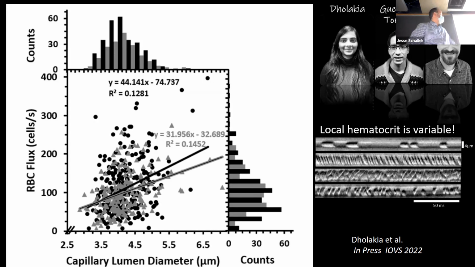Why is this relationship so poor? One of the things that we found through imaging these single blood cells is that local hematocrit is variable. So if I took a drop of anyone's blood in this audience and we sent it for blood work, one of the numbers that you get is the ratio of plasma to red blood cells, the hematocrit. That's true for all the blood in the body.